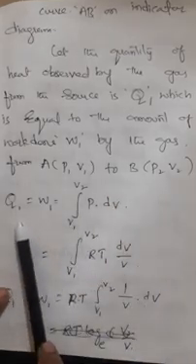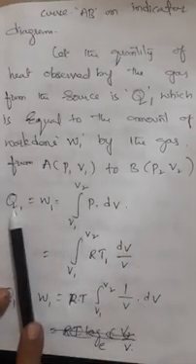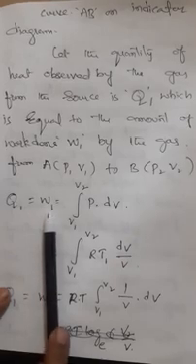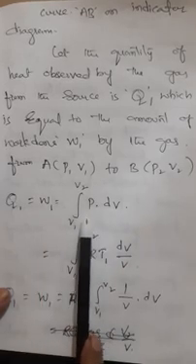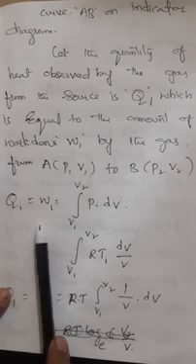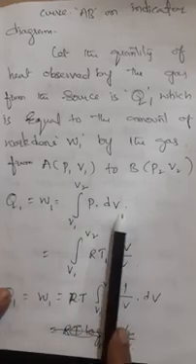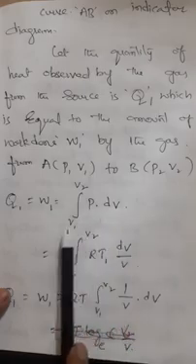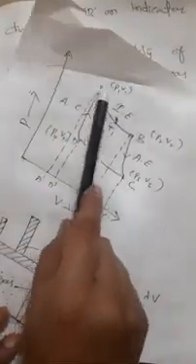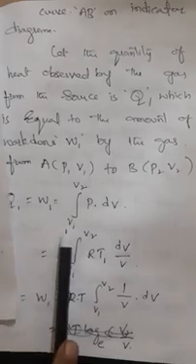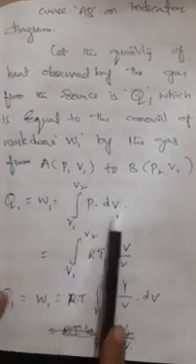All of you know that heat energy is converted into work done. Work done is force into displacement. In terms of gases, we can write it in terms of pressure and change in volume, from V1 to V2, so we can write the integral of P dV.